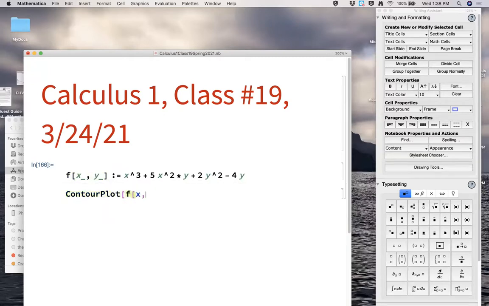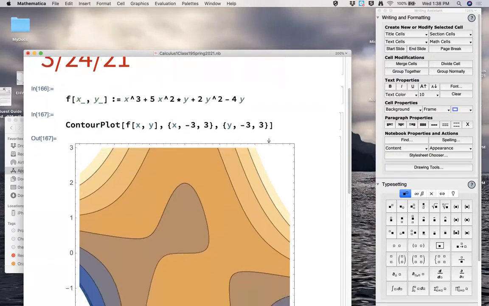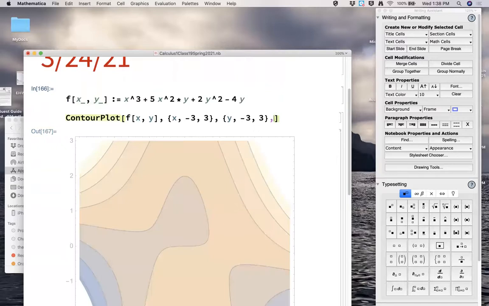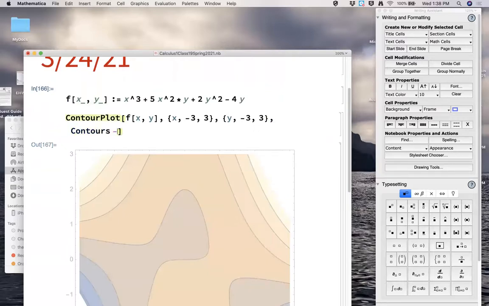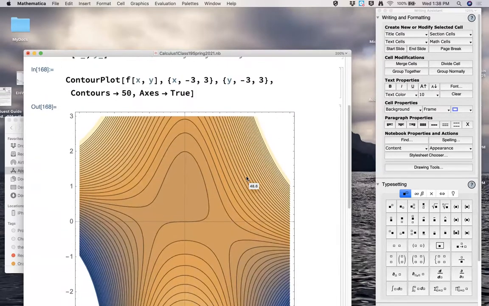In Mathematica, that can be done like this. ContourPlot. And whoa, we get a kind of a weird looking graph here. What in the world? What does this represent? Listen carefully. Talk about this more on Friday.